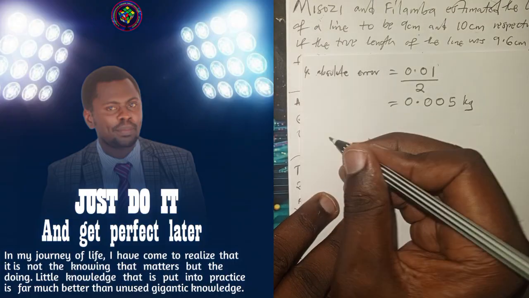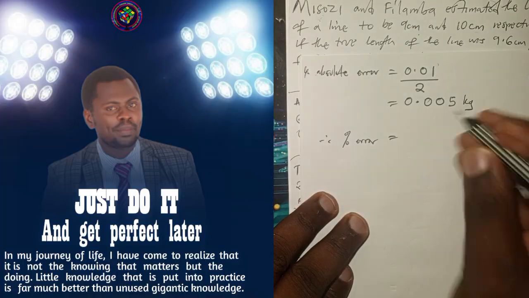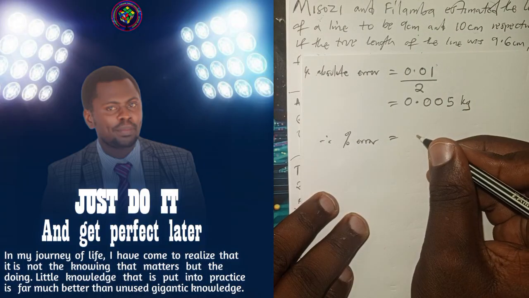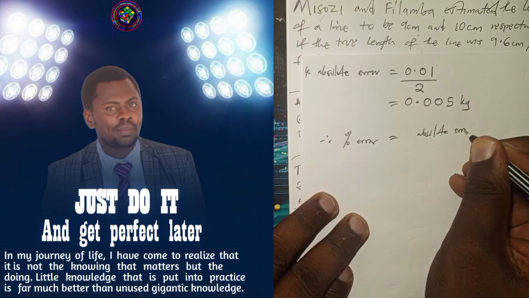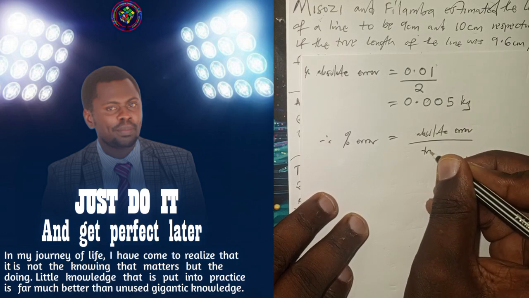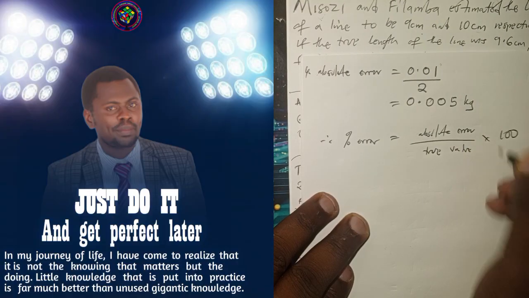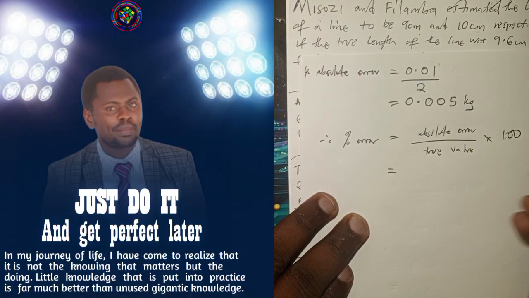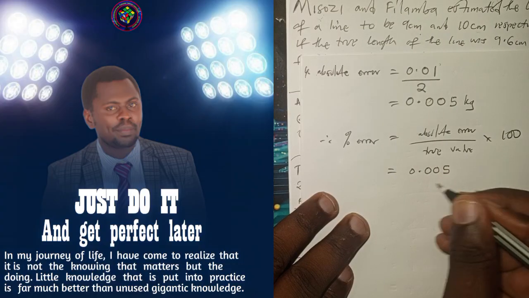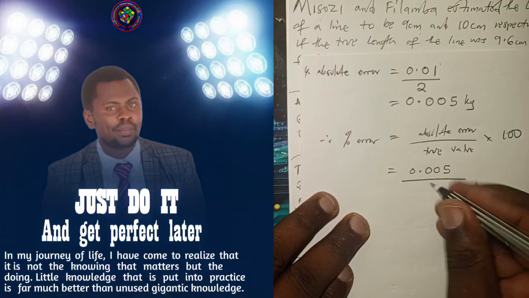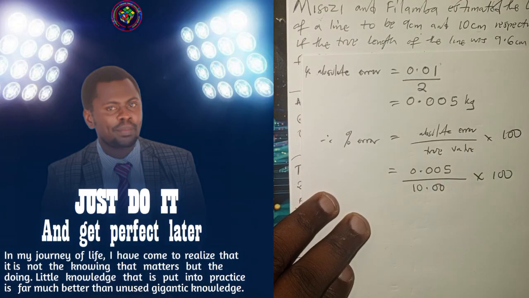So therefore, percentage error is equal to absolute error over true value times 100. So this is equal to, absolute error is 0.005 over true value, we have 10.00, then times 100.